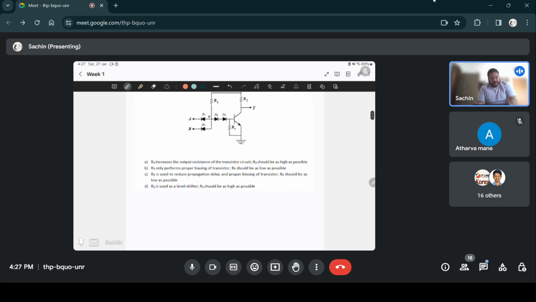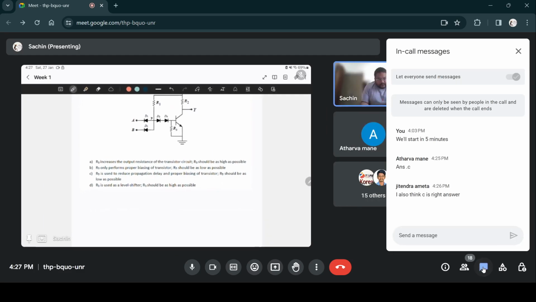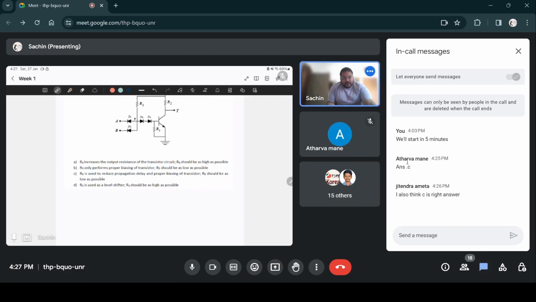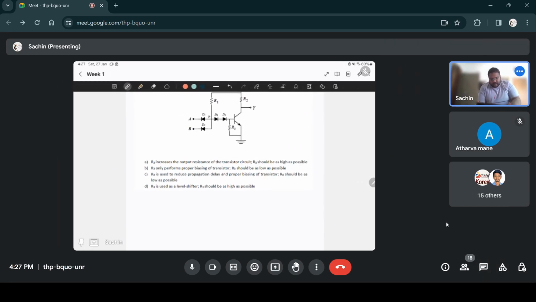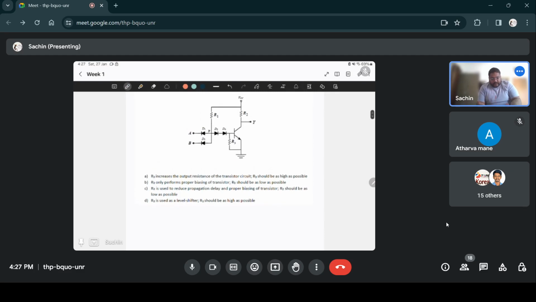So it's option C. Some of the students, Atharva and Jitendra, both said option C, and that is right. It's used to reduce propagation delay and for proper biasing of the transistor. There should be 0.7 volts for it to be forward biased, right?